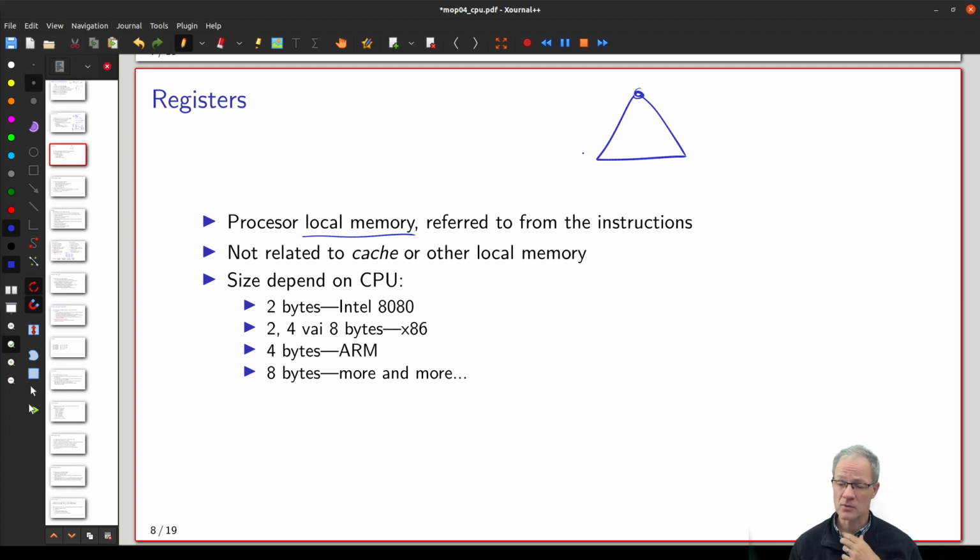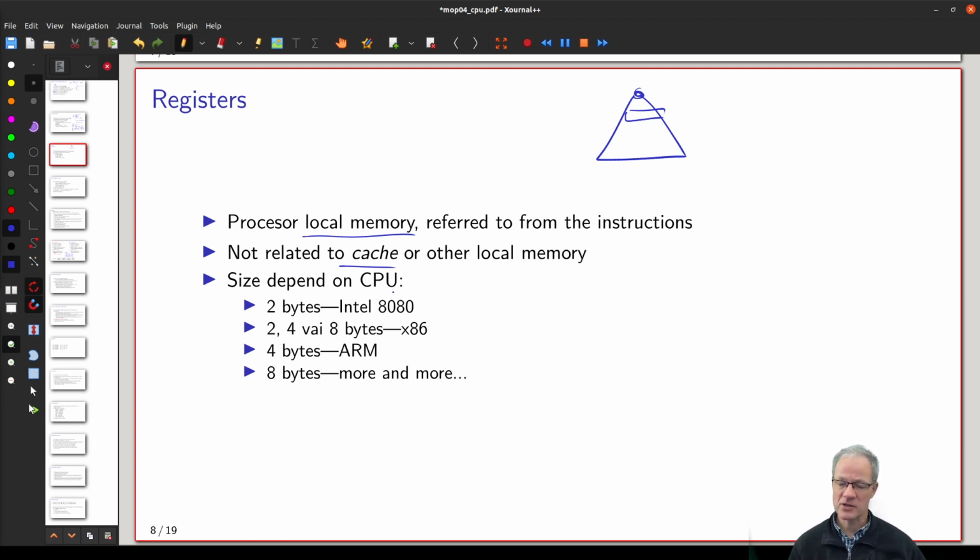But they are fast, so they need to be fast in order to be useful for the processor that is fast itself. So they are not related to the cache memory or other local memory. The cache memory will be somewhere below in this pyramid of architecture of memory.